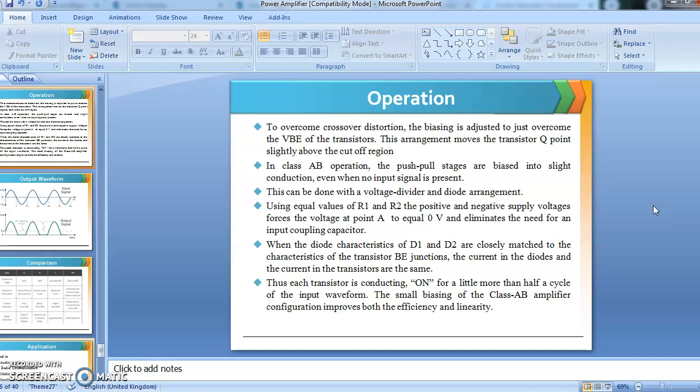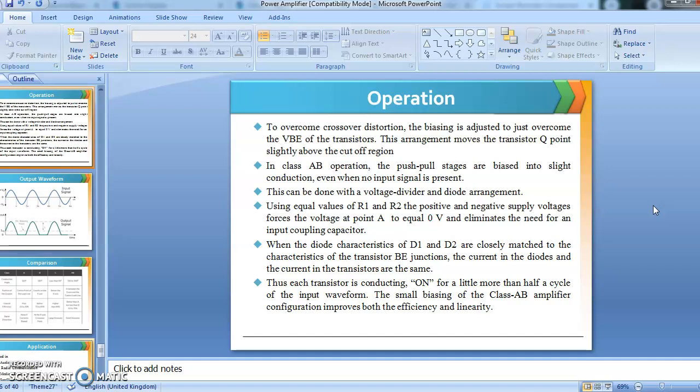This is done by the diode or the voltage divider arrangement. Using equal values of R1 and R2, the positive and negative supply voltages force the voltage at point A to equal 0 volts, so that it eliminates the need for an input coupling capacitor.